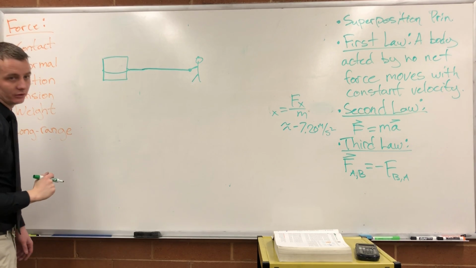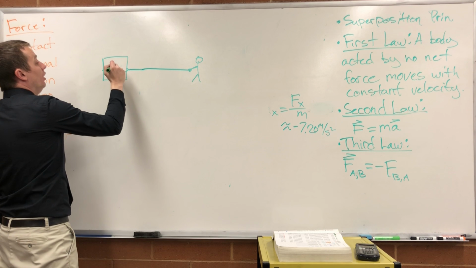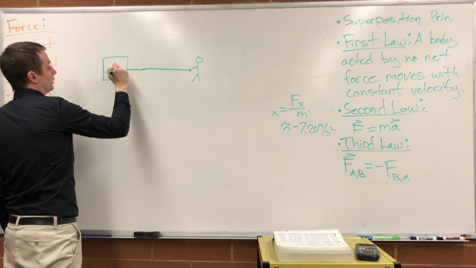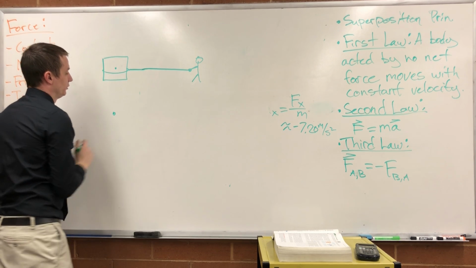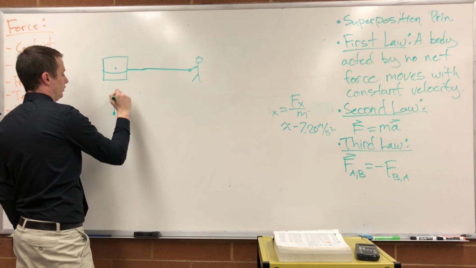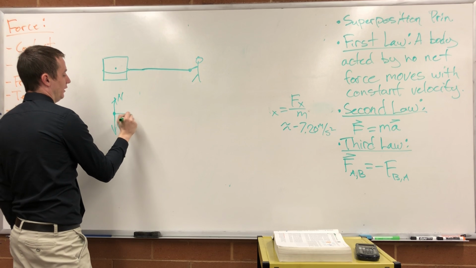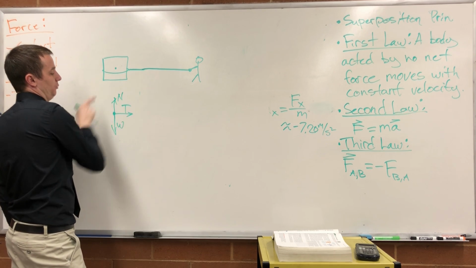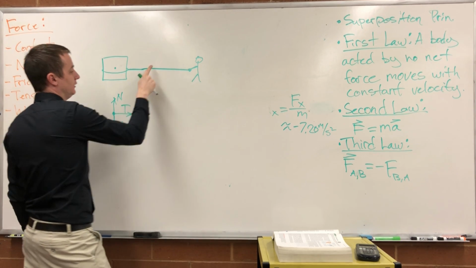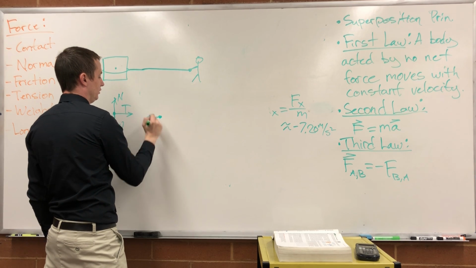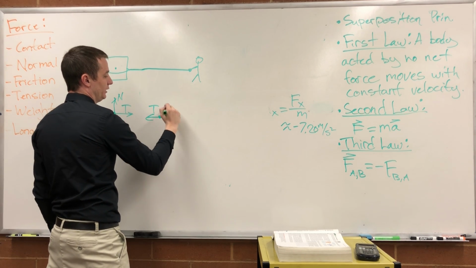Okay, let's count up all the forces. On the actual block, what do we have? We'll just draw the free body diagrams underneath it. We have the normal force pushing up. We have its weight pulling down. We have the tension from this rope pulling that way. Inside the rope, we have tension pulling that way, tension pulling that way.